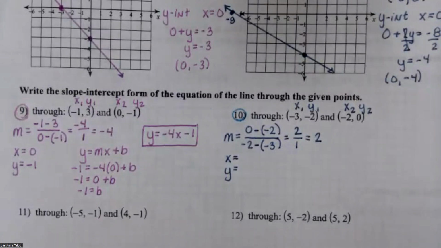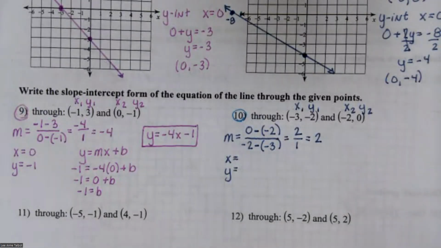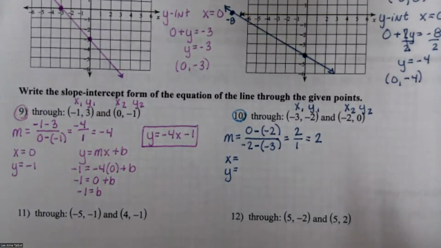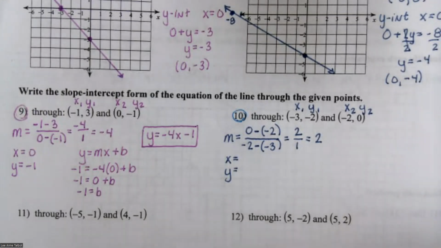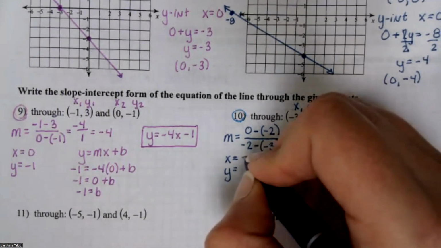Okay. Which point do you guys want to use for X and Y? -3 and -2?